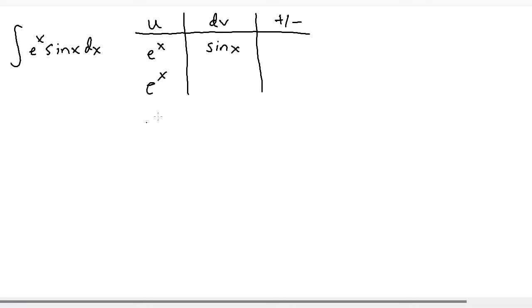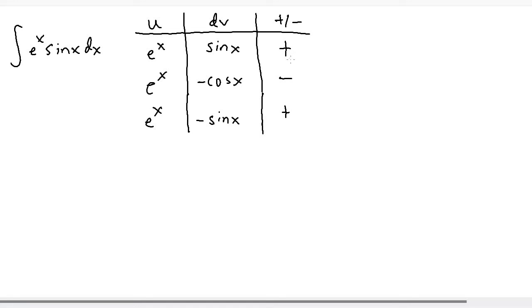So I go e to the x, and you'll notice that as I differentiate u, it will just go on forever as the same e to the x. But if I integrate dv, the integral of sine of x is negative cosine x, and the integral of negative cosine x is negative sine x. So these will go on forever, just like the previous problem.